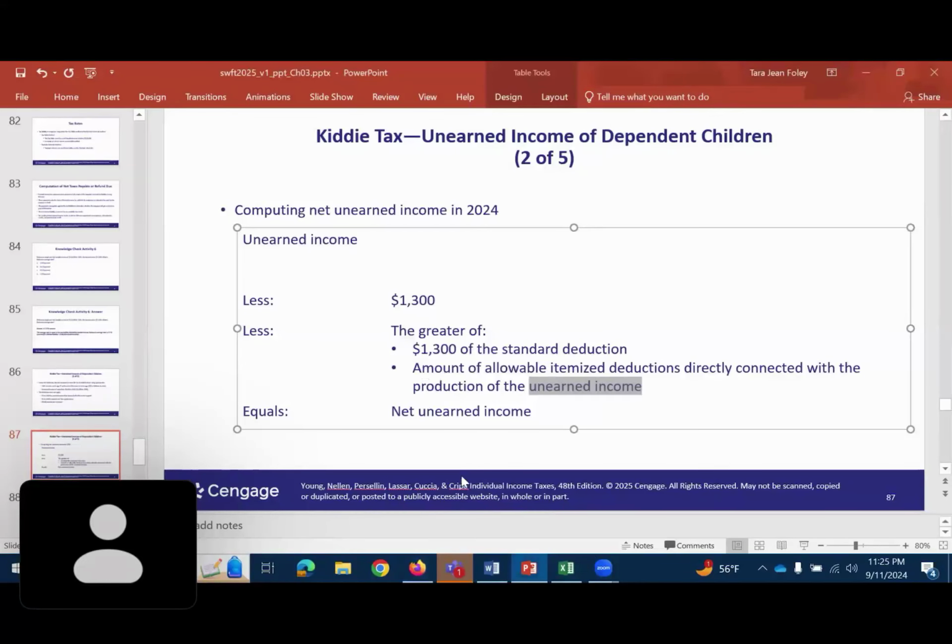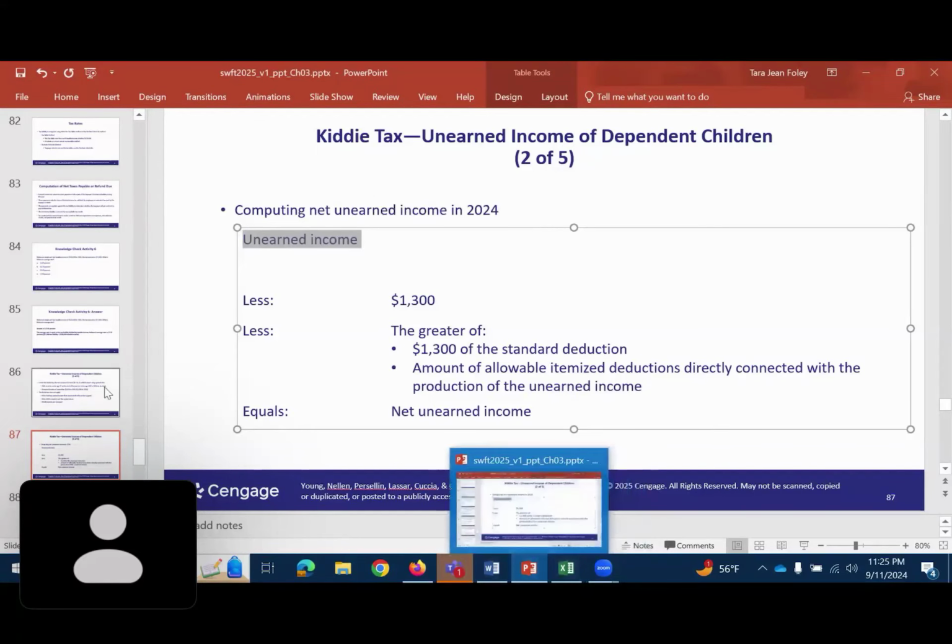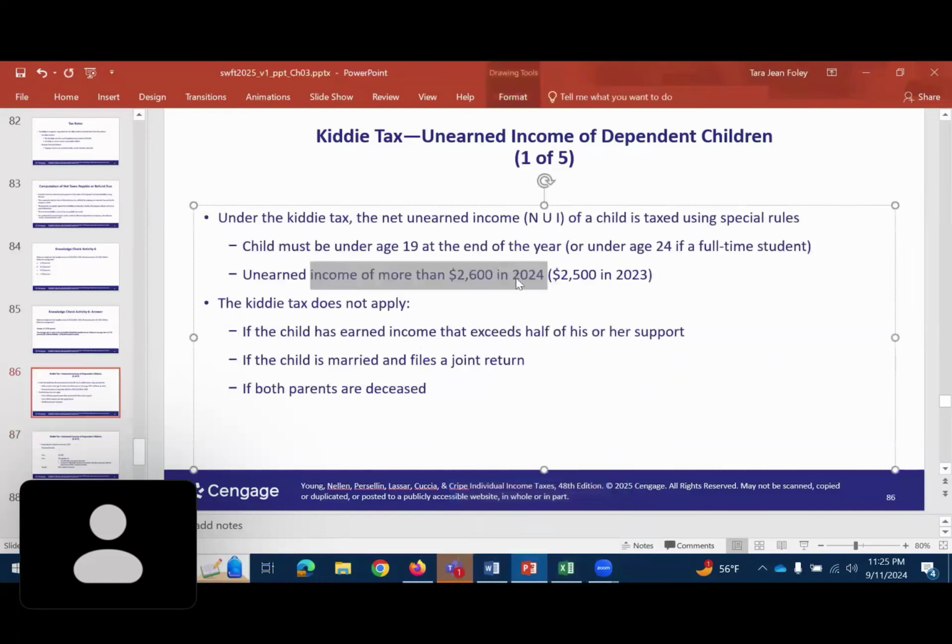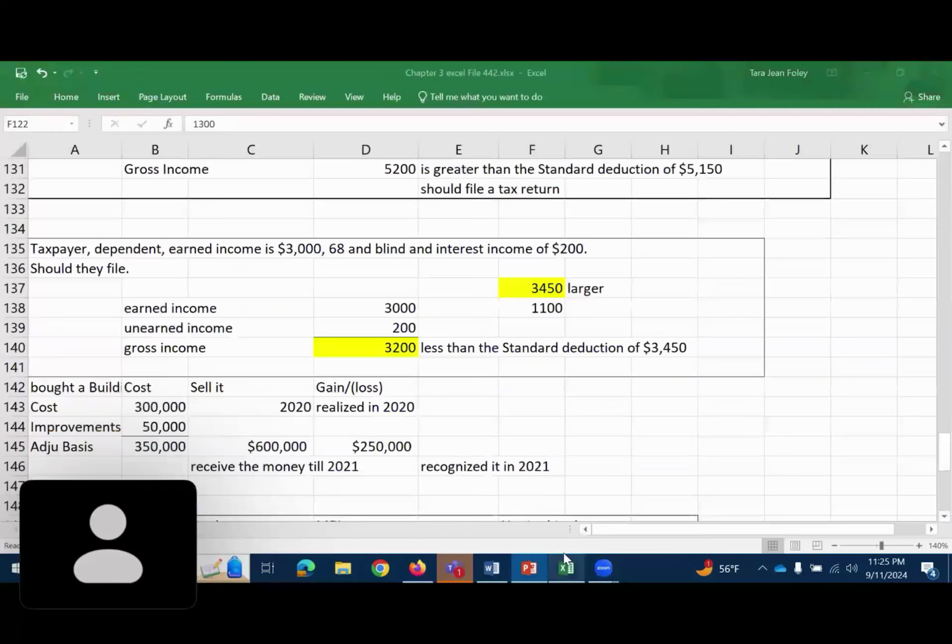So we'll make that number up. You take your unearned income. Let's say it's 2,000. It's got to be over, like I said, $2,600. So let's say it's $3,000, right? $3,000. They have unearned income of $200. That's $3,200.